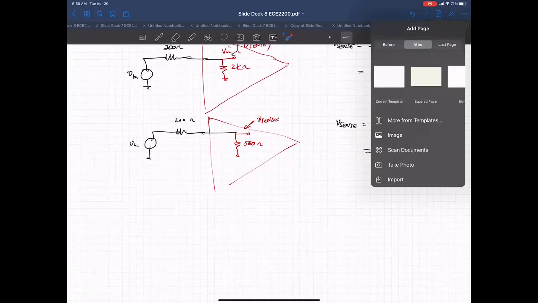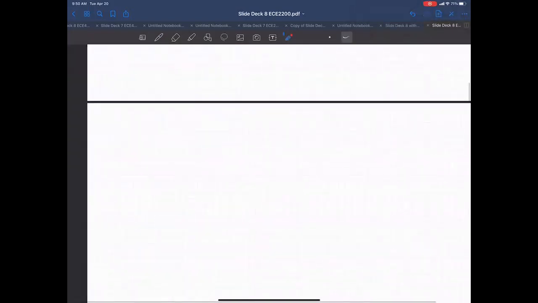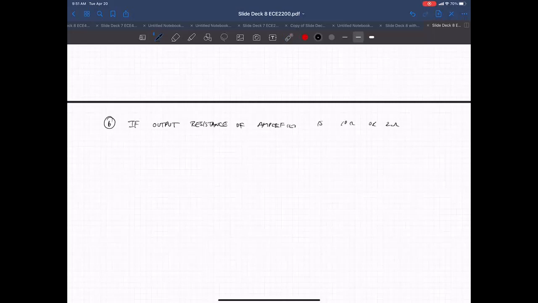Let's see. Okay, so now let's look at a case where we're looking at the output resistance. So how about two cases? If the output resistance of the amplifier is 10 ohms or 2 ohms.